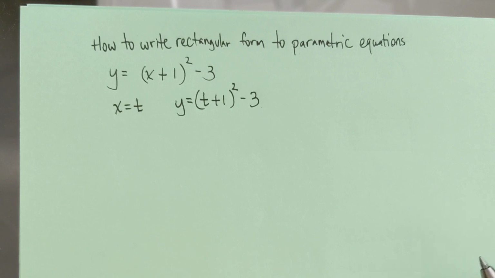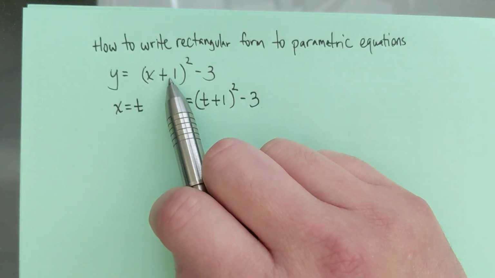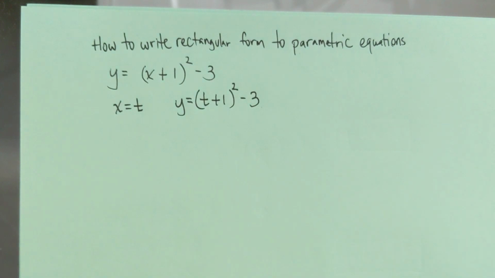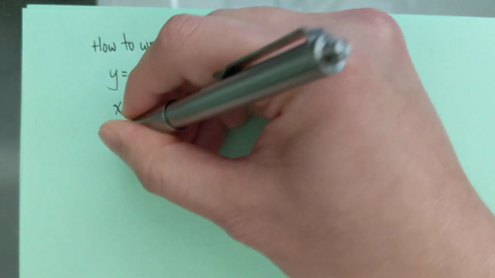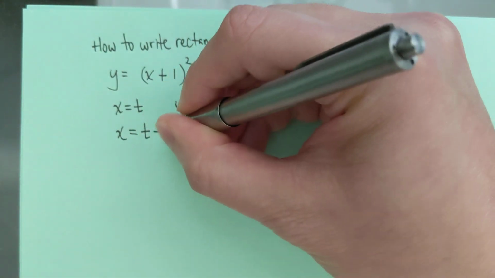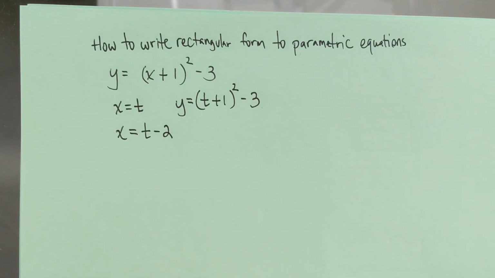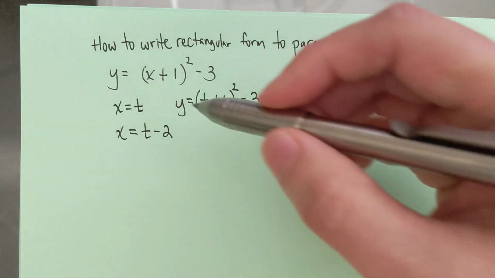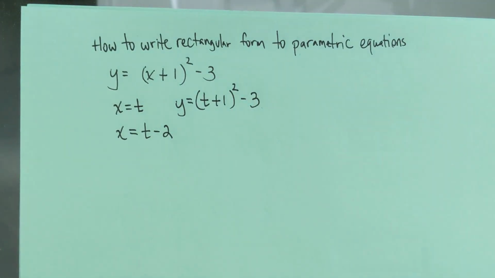And like I said, there are many ways to change this rectangular form to parametric equations depending on what you want x to be. So, what if x was t minus 2? Then this one's a little bit more complicated. I now had to plug in t minus 2 for x.